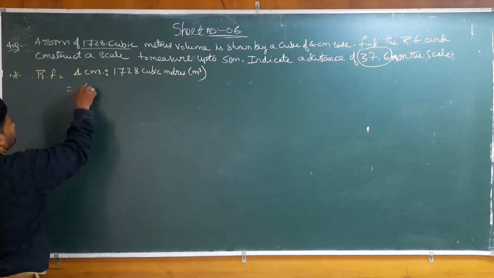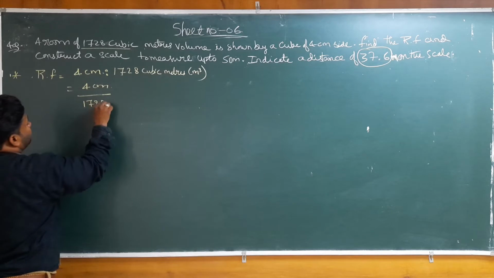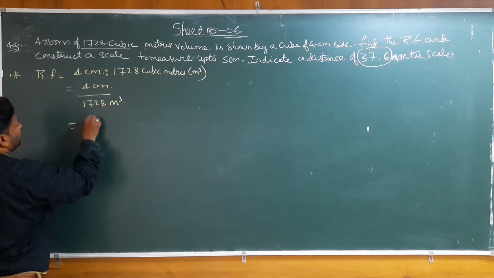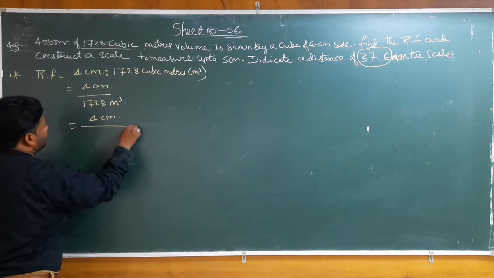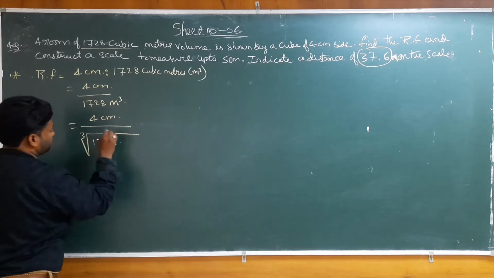So we have to solve 4 centimeter divided by 1728 cubic meter, that is nothing but 4 centimeter divided by cube root of 1728.